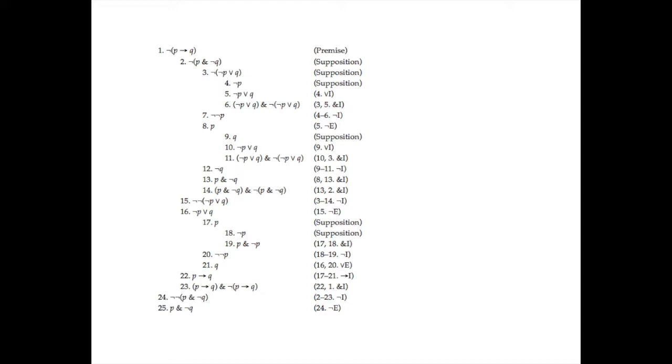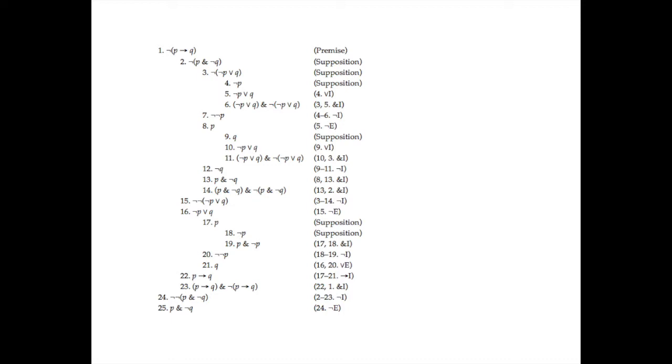Okay, so 17, I suppose that P. And I use that to prove not P. Okay, so line 18 says not P, the opposite of what I'm trying to prove. Line 19 is the contradiction, so on line 20 I get not P. You combine 20 with line 16, and on 21 that gives you Q. So line 22 says P arrow Q, and that finally contradicts line 1.